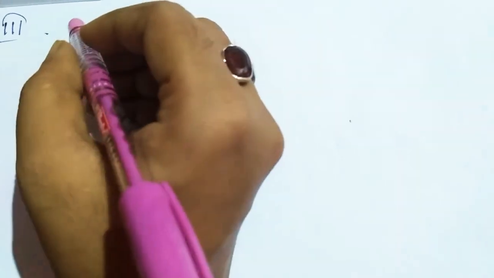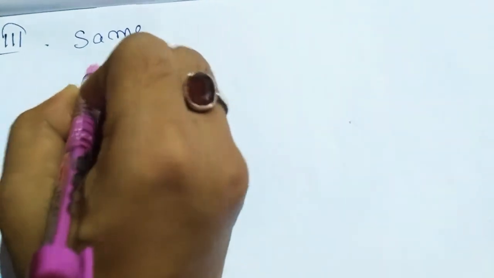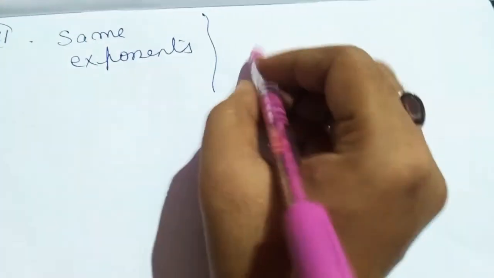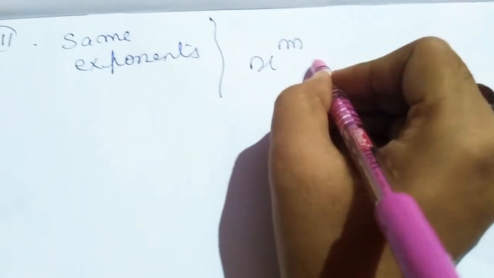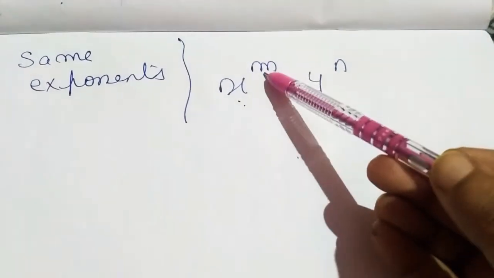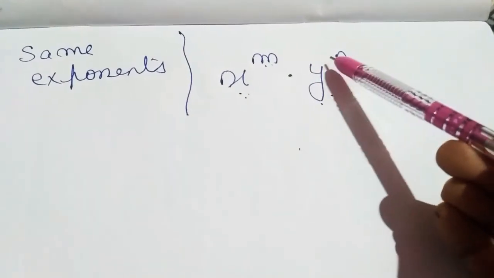Third rule, when you have different base but same exponent. Same exponents. When you have same exponents, suppose that if you have x to the power m into y to the power n, you can see here bases are different but exponents are same.